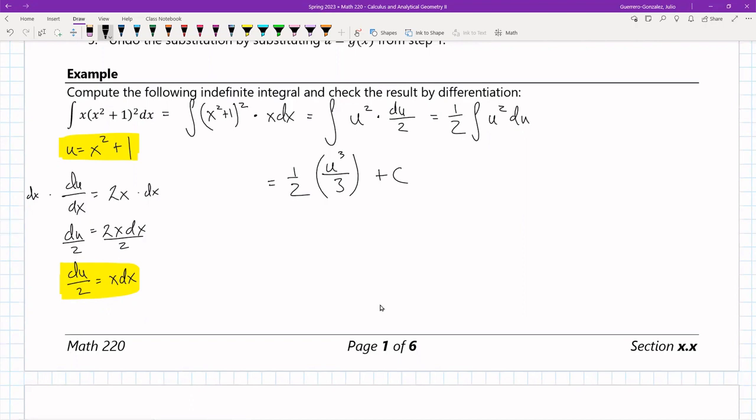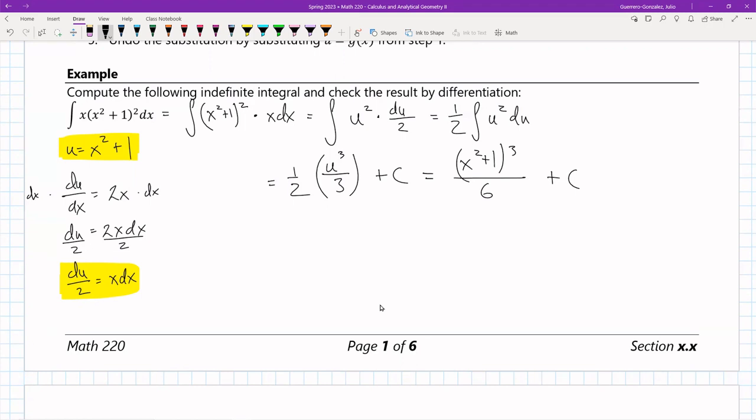All of the antiderivatives or the indefinite integrals differ by a constant. Okay. And at this point, now I get to undo my substitution. My original substitution was u is equal to x squared plus 1. So I'm just going to go ahead and undo that. And I'm going to do a little bit of multiplication here. So it's going to be x squared plus 1 cubed all over 6 plus c.